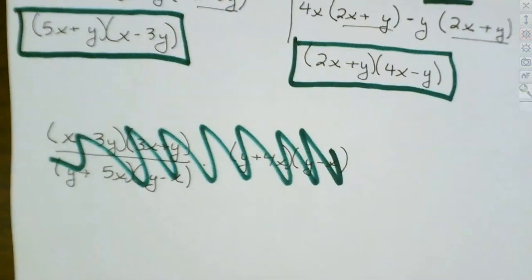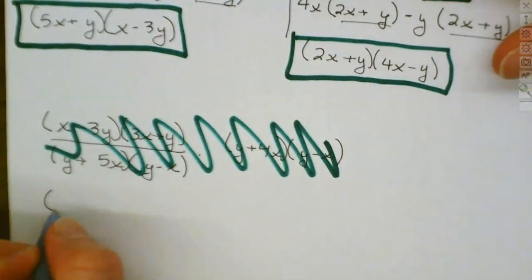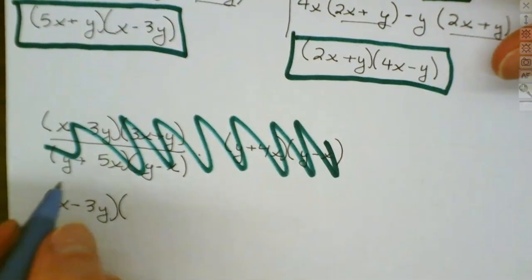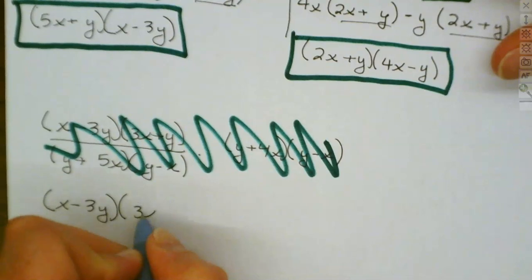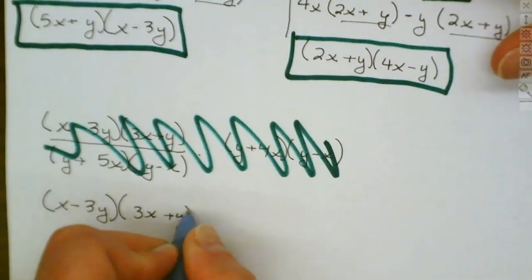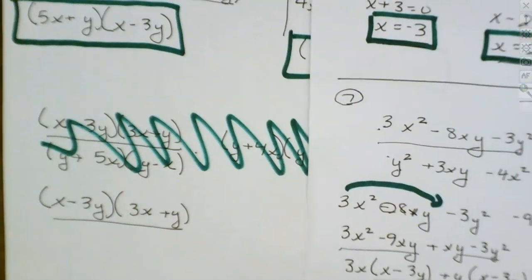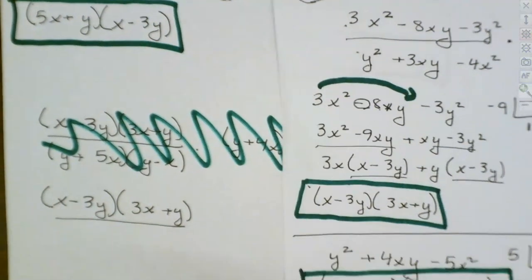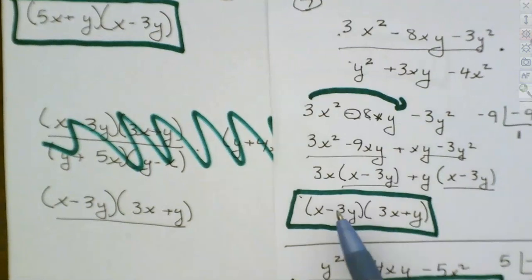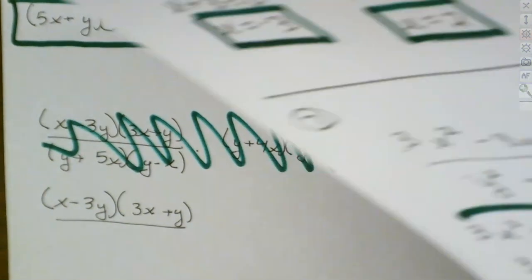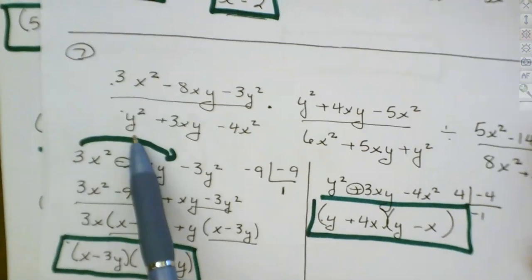Okay, so let's write it out. So what do we have? We have x minus 3y. We've got 3x plus y. That's that first numerator, right? Okay, because that is this piece right here. We factored it, we got to there. What about the next one? Down below, we have this.